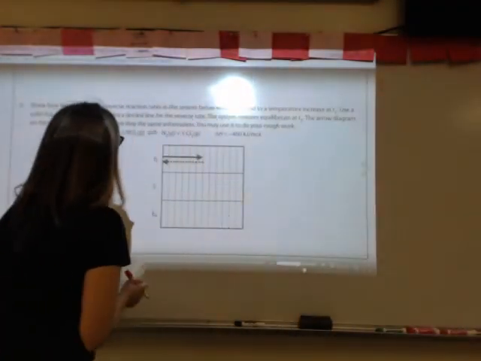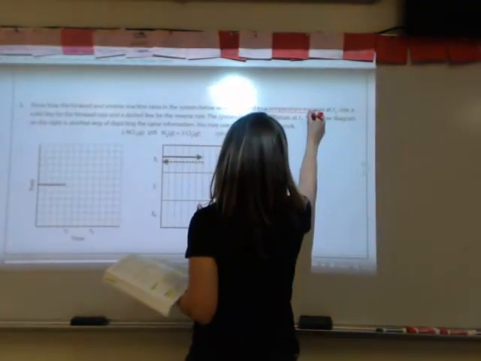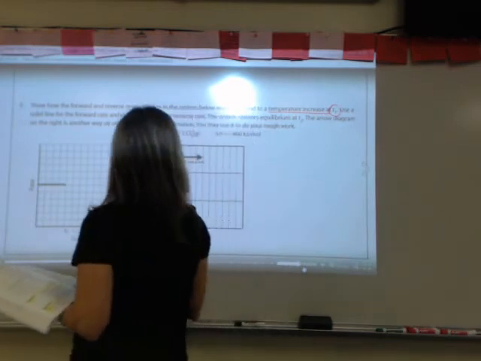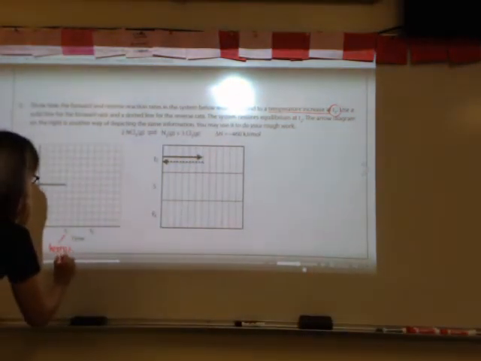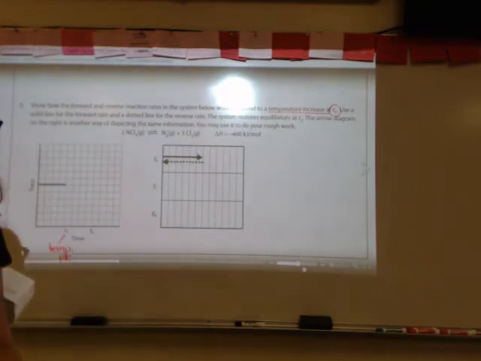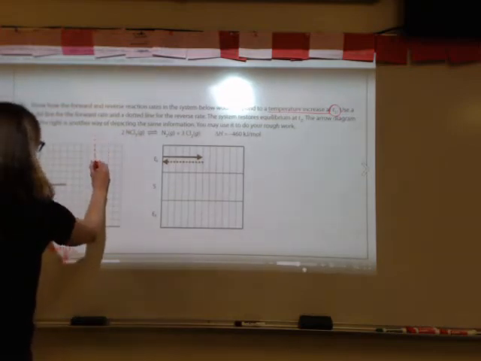Show how the forward and reverse reaction rates in the system below respond to a temperature increase at T1. Use a solid line for the forward rate and a dotted line for the reverse rate. The system restores equilibrium at T2.